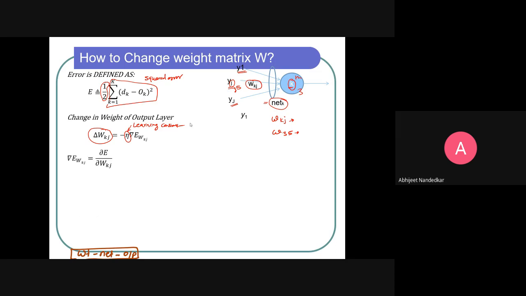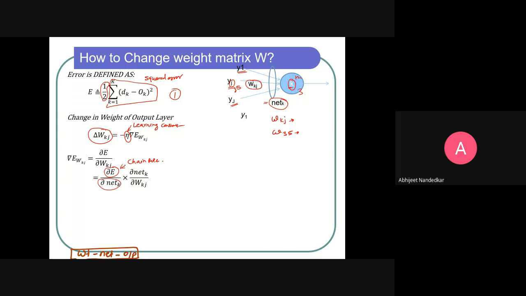Now if I take the partial differentiation of equation number 1 with respect to the weight wkj, that will be dou E by dou wkj, and then I take the help of the chain rule.